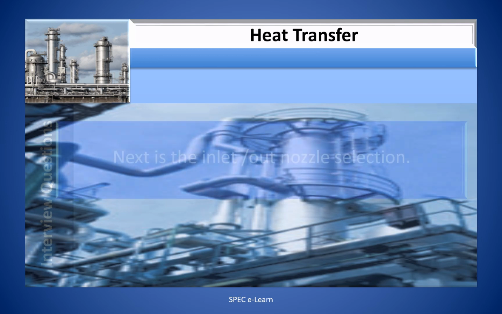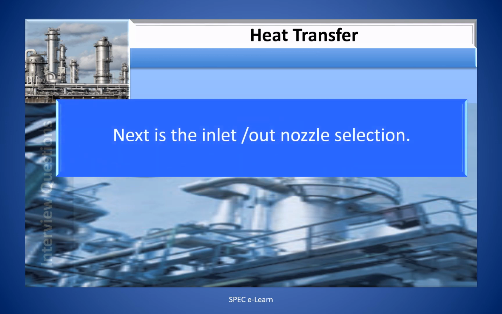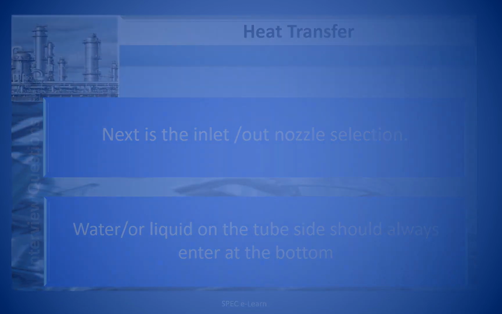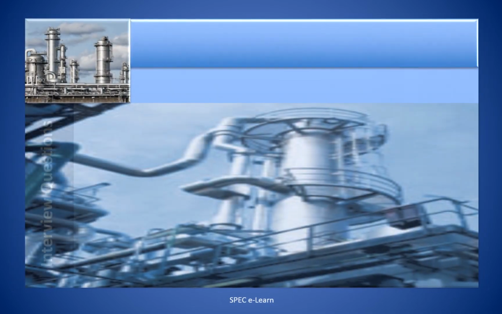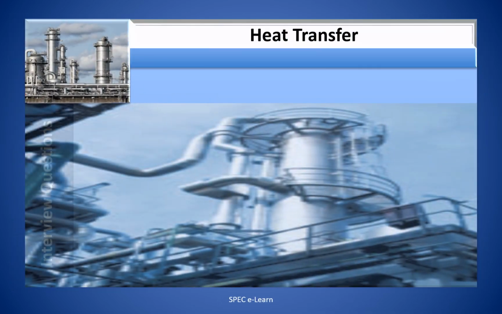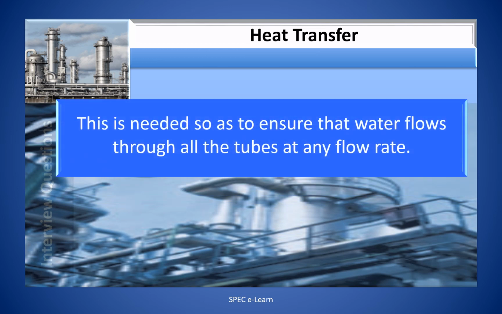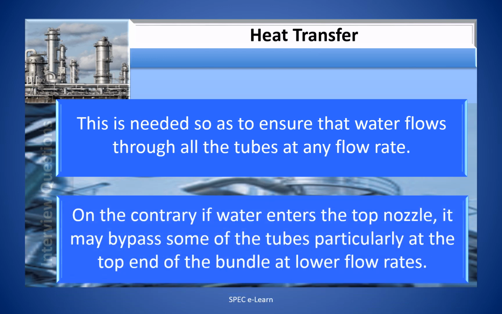Next is the inlet and outlet nozzle selection. Water or liquid on the tube side should always enter at the bottom. This is needed so as to ensure that water flows through all the tubes at any flow rate.